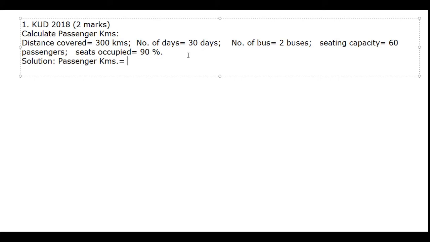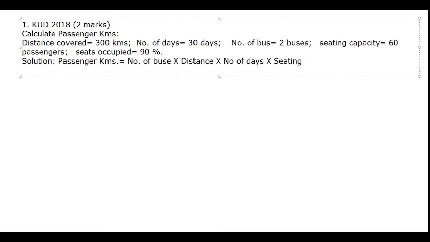So the very first point in this formula is number of buses. It's given in the problem how many buses we have. So number of buses, first point, into distance. Distance is very important in this problem, and number of days run by the bus, into seating capacity.